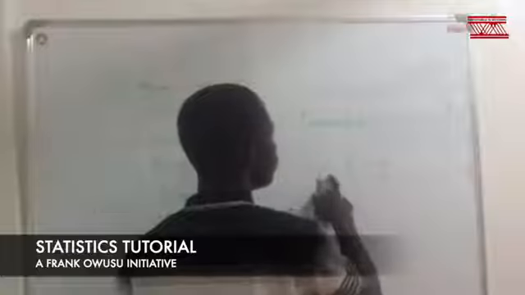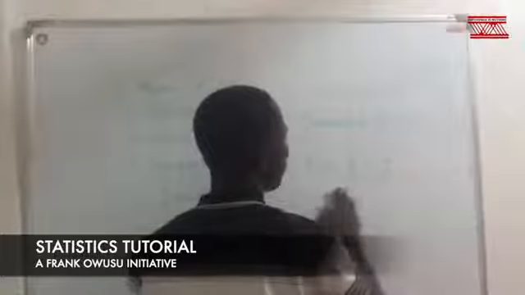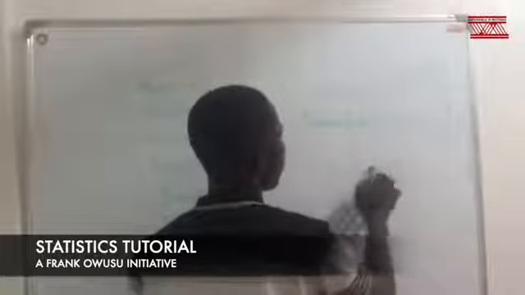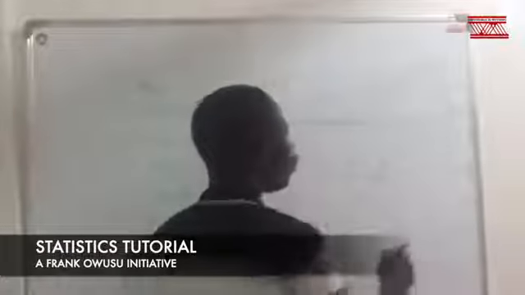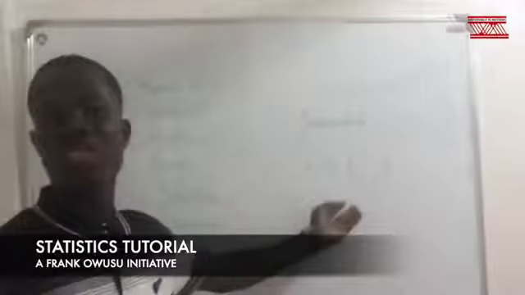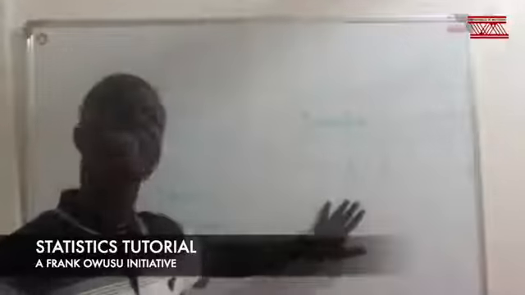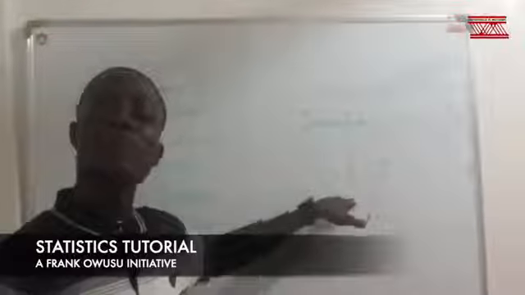Okay, 5 entries. If we are asked to find the deviation of these numbers, first of all, we have to find the mean first. Without getting the mean, you can't solve for the deviation.